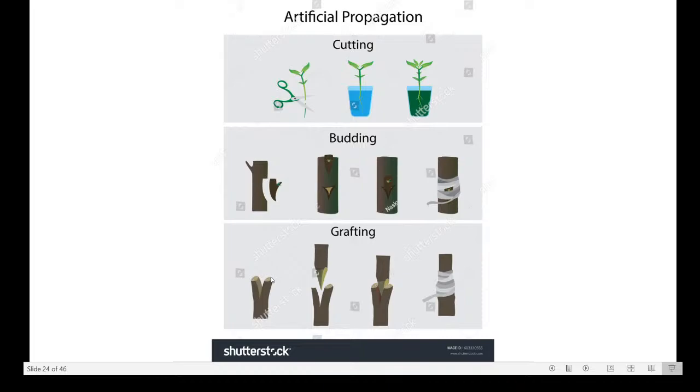Then grafting is a very well-known thing. If you have any doubt regarding this artificial propagation, grafting the rose plant, just refer to that video: grafting the rose plant, budding method in a rose cutting. This is a very well-known method for plant cuttings, to grow multiple-color plants.